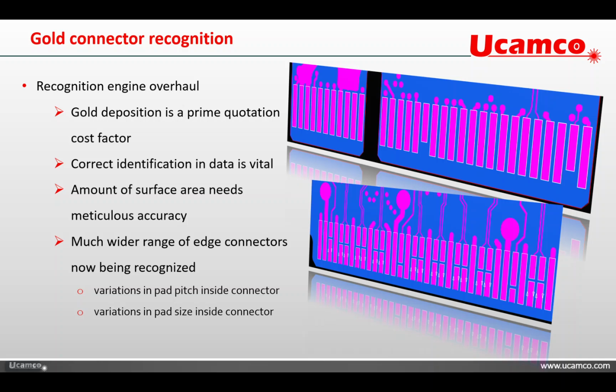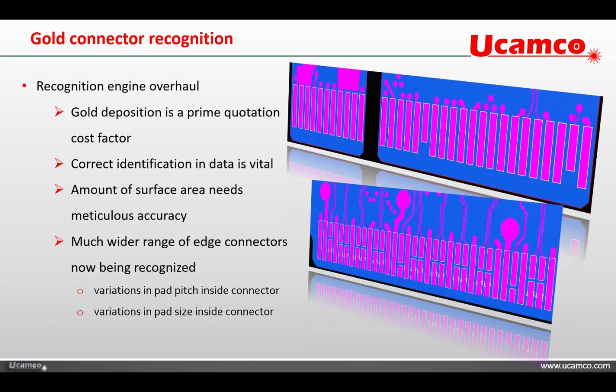So the correct identification of a connector is pretty vital, as is the accuracy with which the surface value of the connector is being calculated, so that the amount of gold, for instance, if it's a gold edge connector or gold plated connector, can be calculated meticulously accurate.